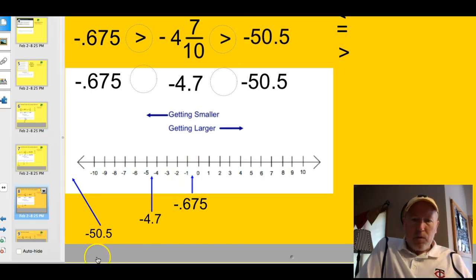I'm going to read it backwards once. Negative 50.5 is less than negative 4 7/10, which is less than 0.675. Yeah, that makes sense. Largest to smallest.